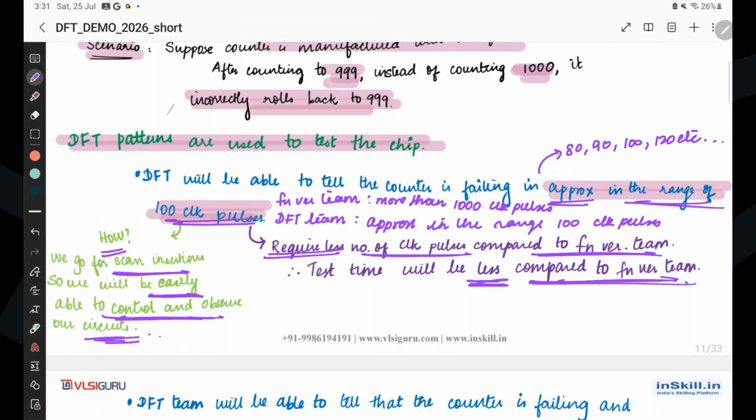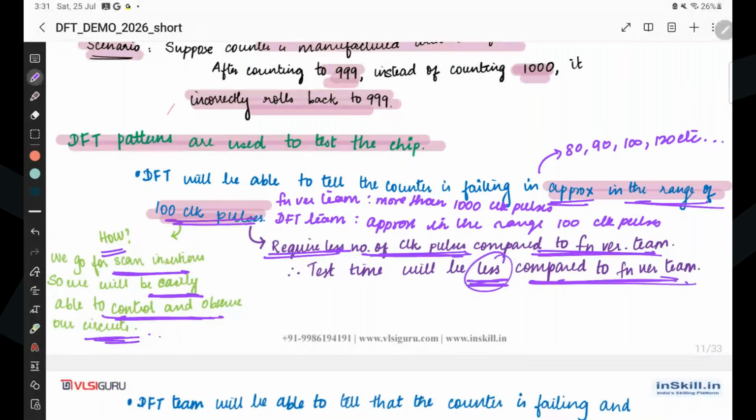So the functional verification team requires more than 1000 clock pulses to tell that the counter is failing, whereas the DFT team requires approximately 100 clock pulses. For the same situation, the DFT team requires significantly fewer clock pulses compared to the functional verification team.